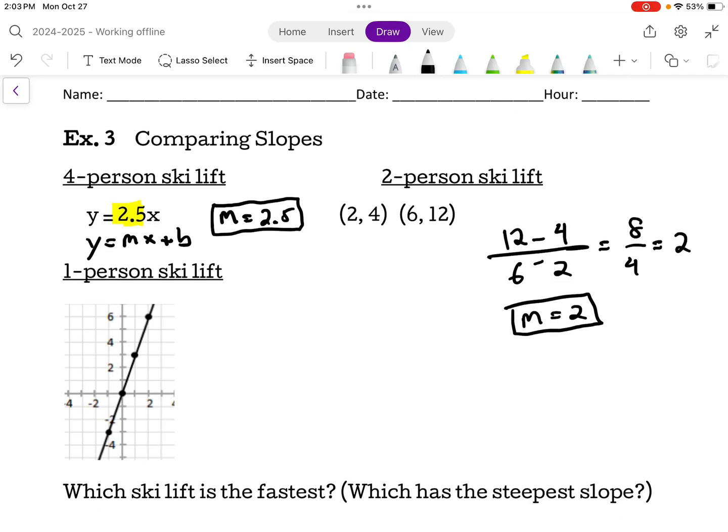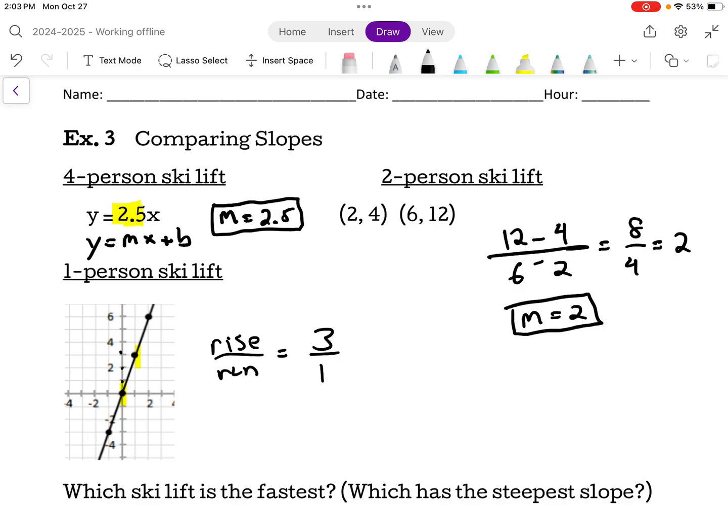And then the 1-person lift, I have a graph. So I'm going to take rise over run. I can just take 2 of the points off the graph. I don't have to choose specific points, but I'm just going to take these 2 that I highlighted in yellow. And then I'm going to do rise over run. And the rise would be going up 1, 2, 3.